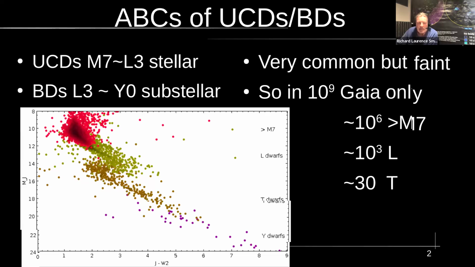So in this diagram, the red objects are the M dwarfs, the green objects are the L dwarfs, the brown objects are T dwarfs, and the purple objects are the Y dwarfs. The Y dwarfs won't be seen by WST, but the T dwarfs down to around 16, 17 should be seen with a high enough signal to noise. Carry on. Next slide.